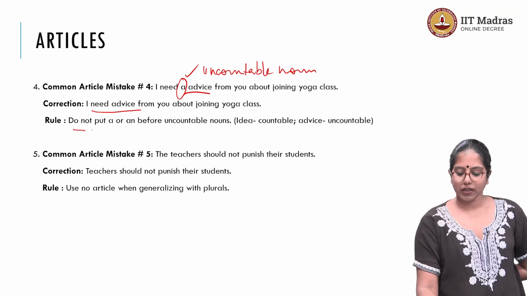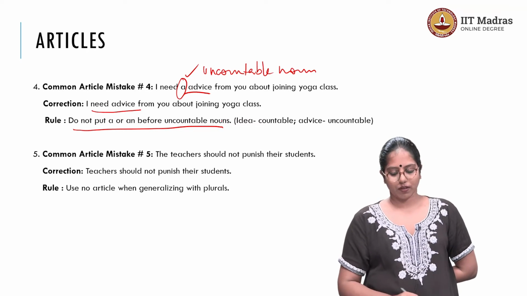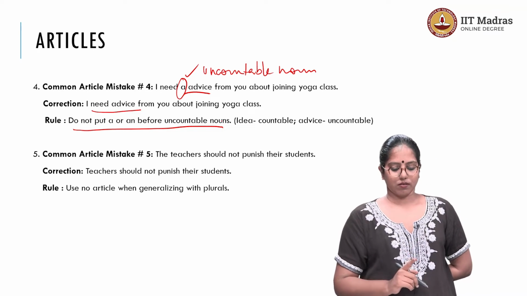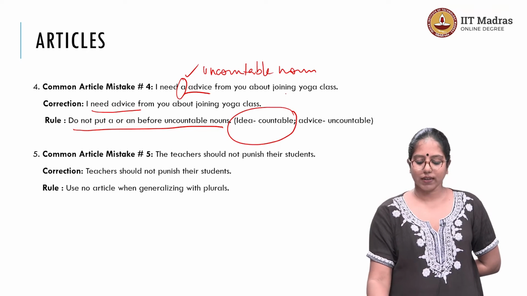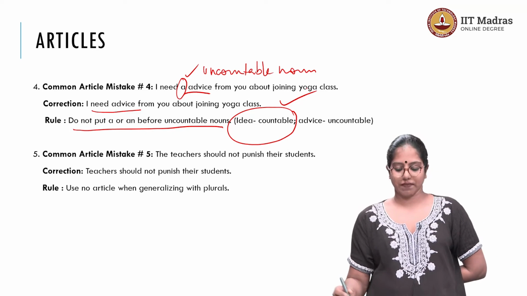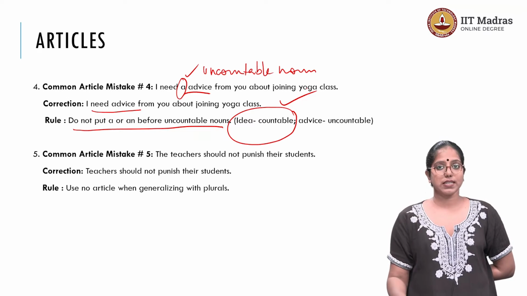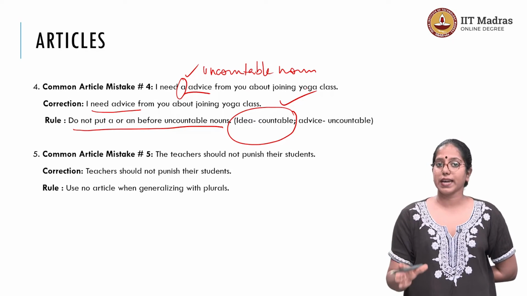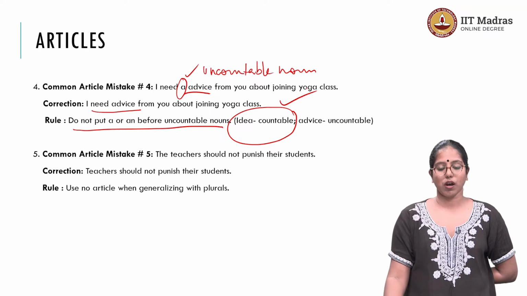Do not put a or an before uncountable nouns. This is the rule. However, one important point that I want you to note is that idea is considered countable in the English language. Advice is classified as uncountable, whereas idea is classified into countable nouns.